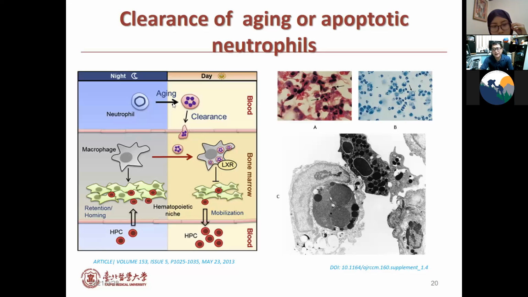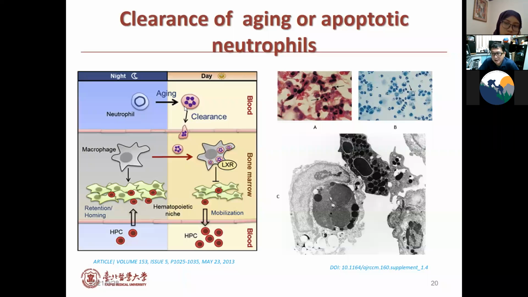This picture comes from my former colleague. We were working on a project on migration from bone marrow to the bloodstream. You can see that at night, neutrophils stay in the bone marrow. In the daytime, they move to the blood, and at night they go back. Normally, when we are not suffering inflammation, we don't get sick.